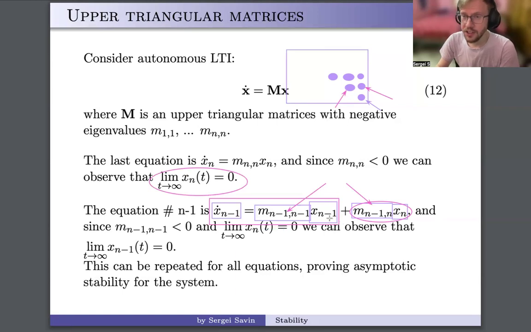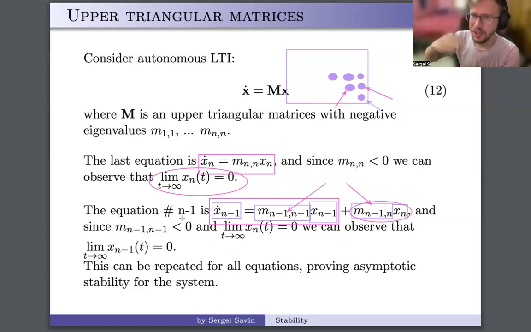And this part has the same structure as the last one. It also is a variable times a negative constant. The derivative of the variable equals a negative constant times the variable itself. So it has the same solution, an exponent with a negative number in the exponent. So it also goes to 0, right?